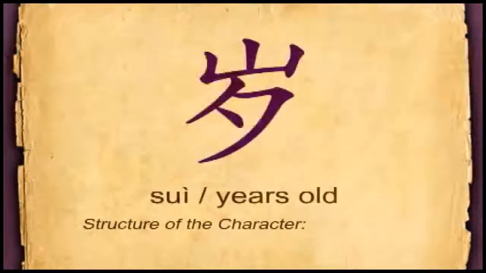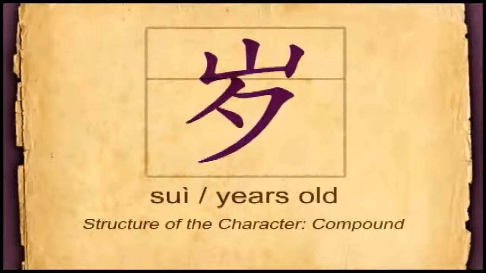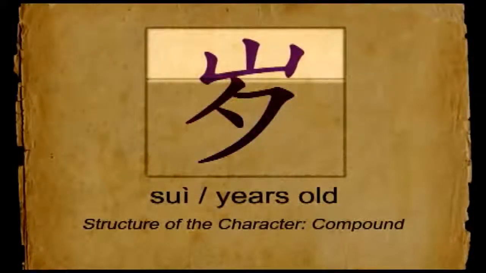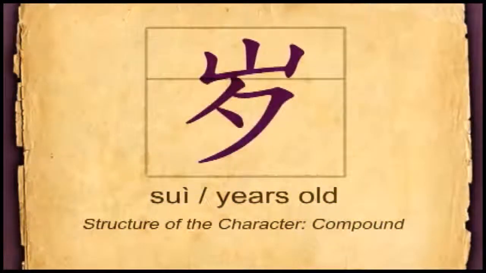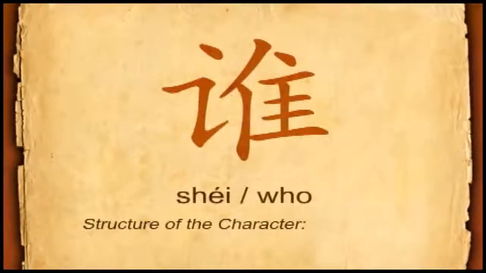Next, look at 岁. What type of structure do you see in 岁? Correct. It is compound. Where is the radical for 岁? It's on the top. It's a character 山, meaning mountain. 岁 has 6 strokes. Next is 谁. 谁 has what type of structure?